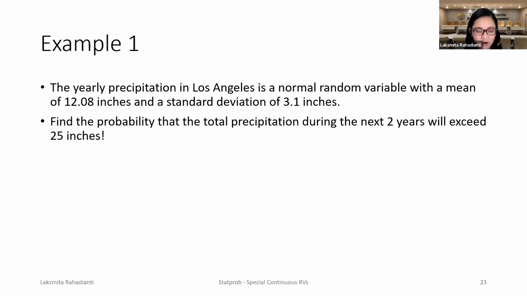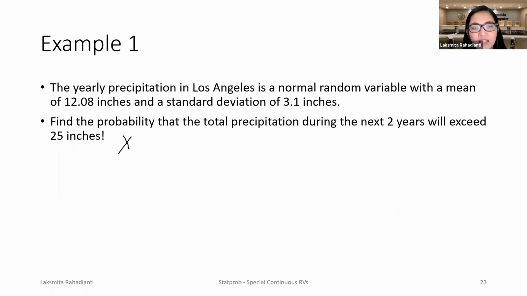So here is our first question. The yearly precipitation in Los Angeles, we know, is a normal random variable with a mean and standard deviation given. Don't forget that first we need to define our random variables. This is an important point.